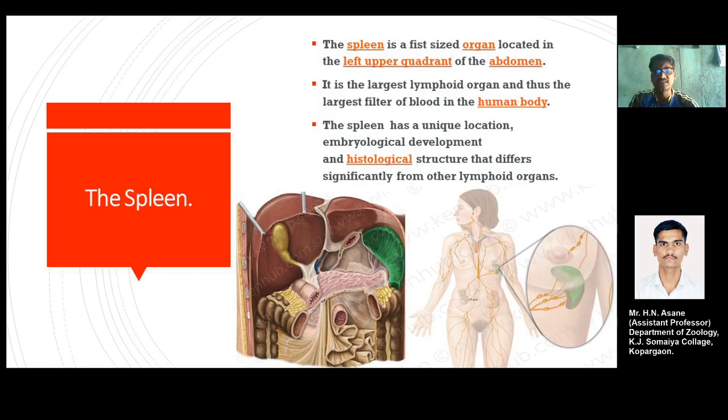That is nothing but the spleen, and it plays an important role in the body. We will see one by one what the roles of the spleen are and how the spleen looks.